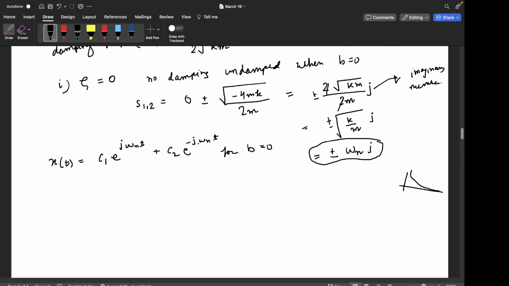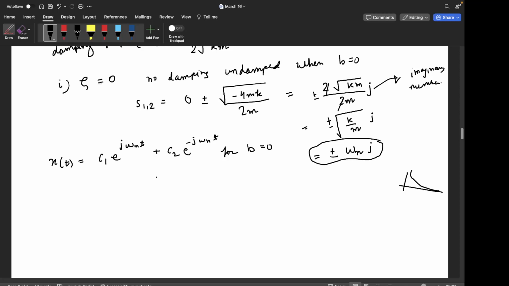And it is expected that, as I will tell you, the response that we got is an oscillatory response, and we will bring it into a form in which you will more clearly see how this response is an oscillatory response. So let's in fact do that next.